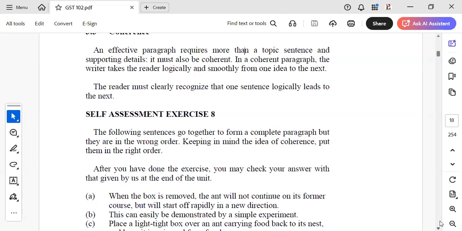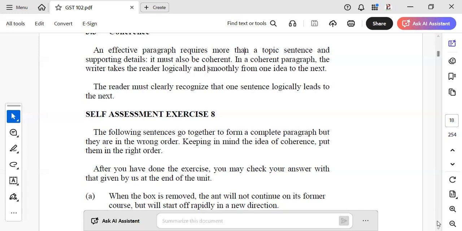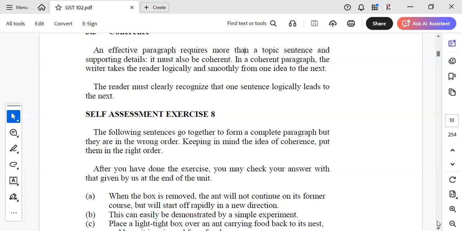You talked about how to get the ingredients from the market, and then you jump to how to serve the dish. After serving the dish, you now go back to how to prepare your pot and everything. That is not arranged. Even though you have the idea, if you don't arrange it logically, it will still not make sense to who is reading it. So your paragraph must have coherence, and that is the logic of arrangement of your points.